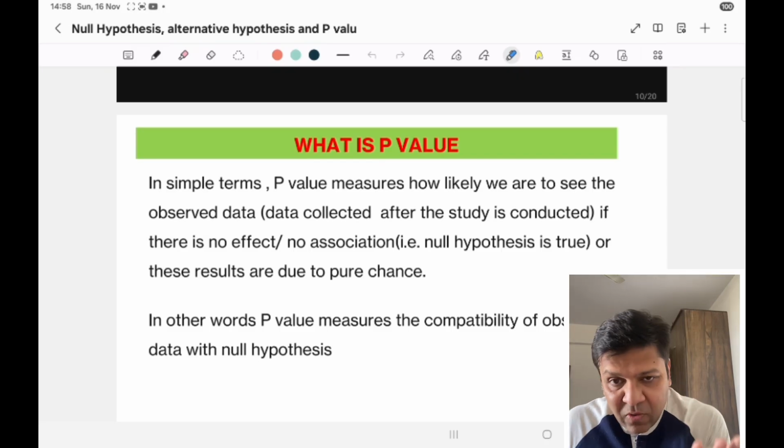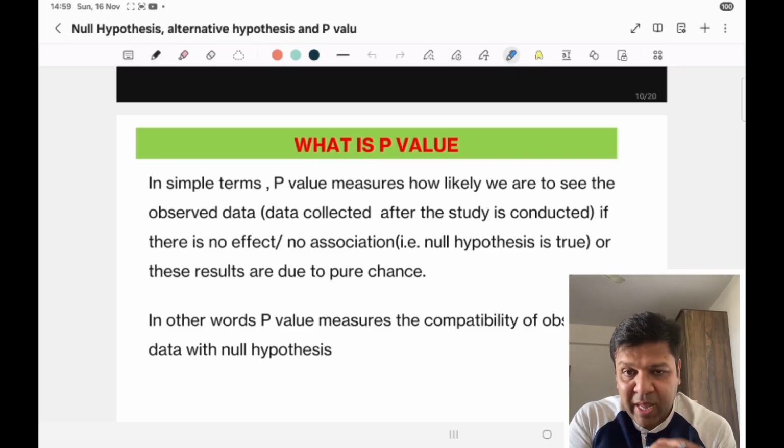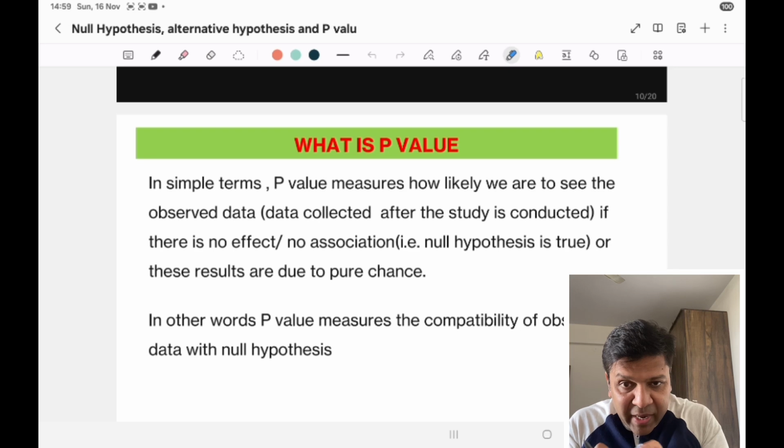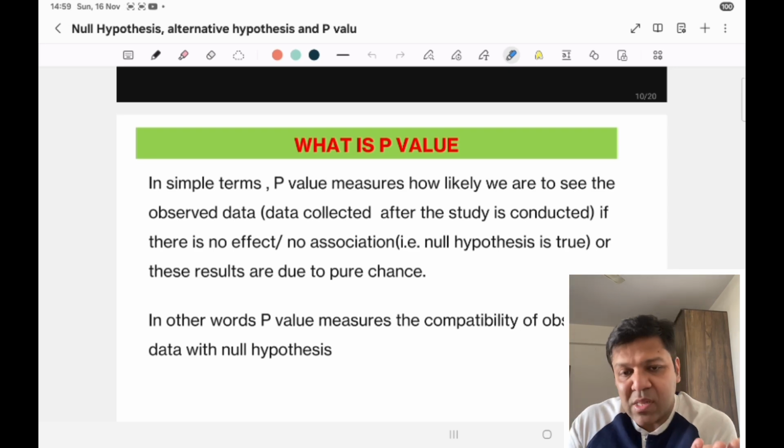So a lower p-value means that the data I am observing is not consistent with null hypothesis, because p-value represents the magnitude of how much the data is consistent with null hypothesis. So if I am getting that value lower, that means my data is not consistent with null hypothesis.